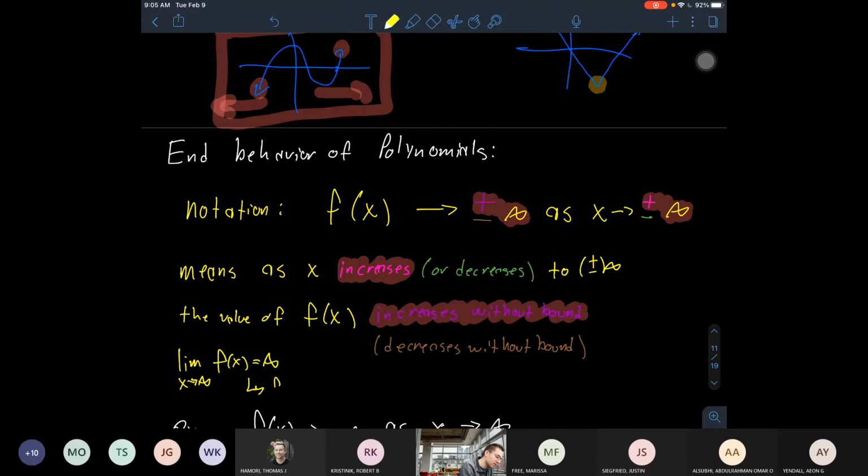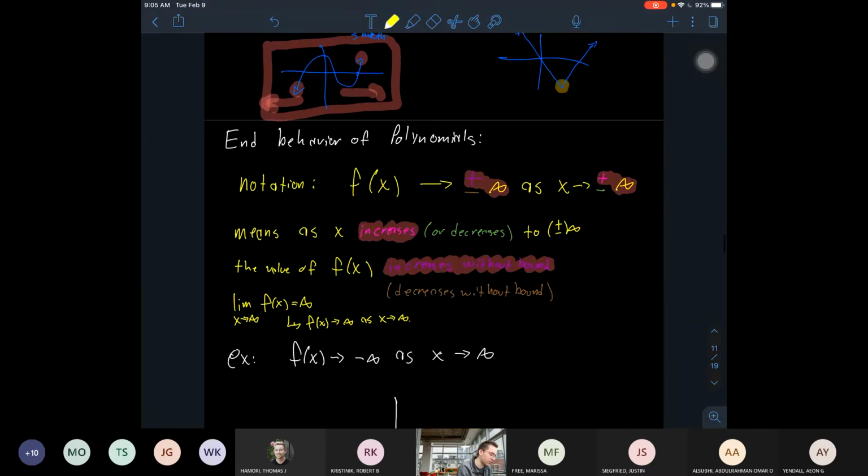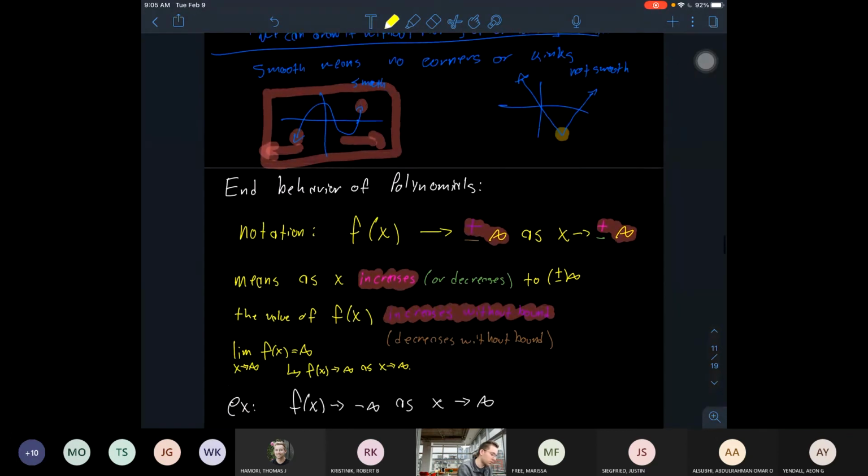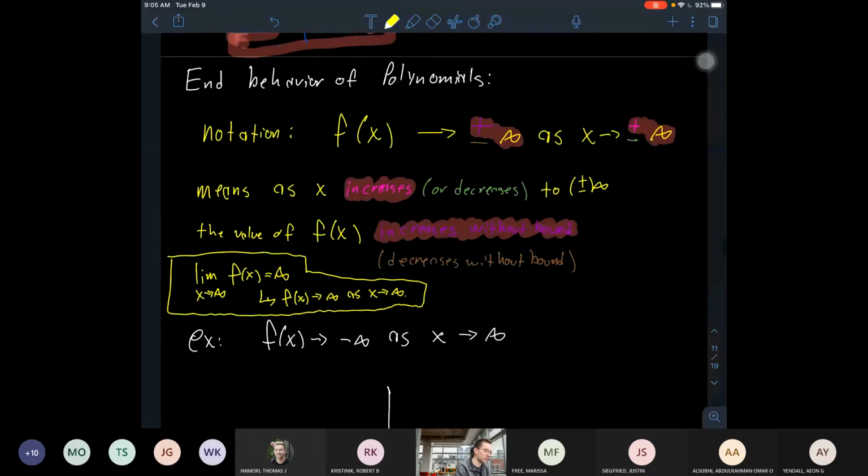Basically, this means f of x goes to infinity as x goes to infinity. And why they introduced this notation and not the other one is really beyond me, but there it is. I'll close it off. You don't actually need to know this, but if you're going to do future math, you'll probably see that at some point.